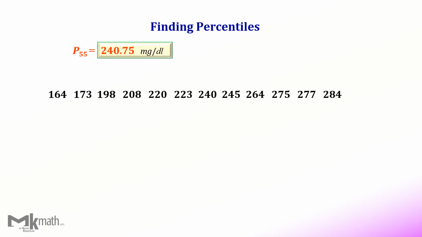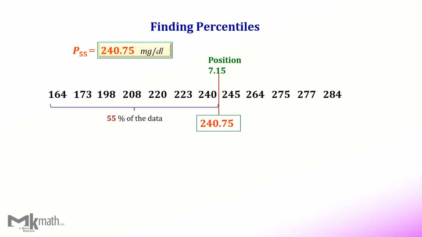Let's interpret this result. Position is 7.15 and the value is 240.75. 55% of the data values are lower than or equal to 240.75 and 45% of the data values are higher than 240.75.